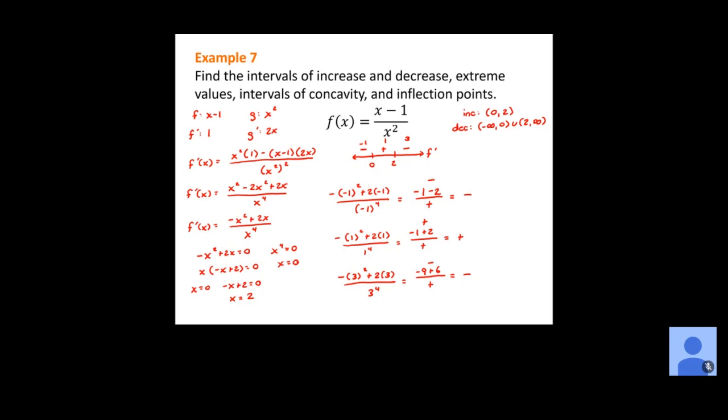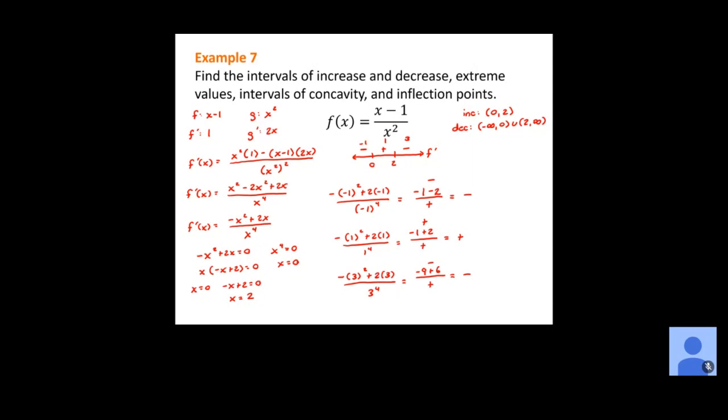All right. Now, do we have any min or max values based off of what we see on our number line here? Okay, so at 0, it goes from negative to positive.